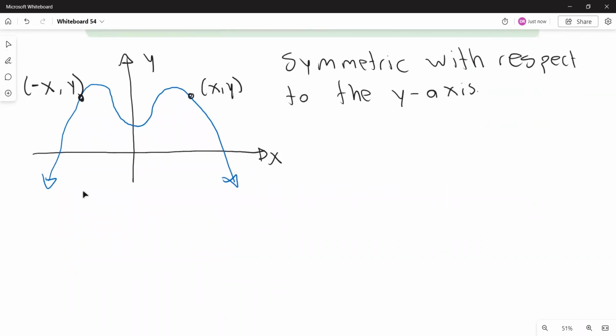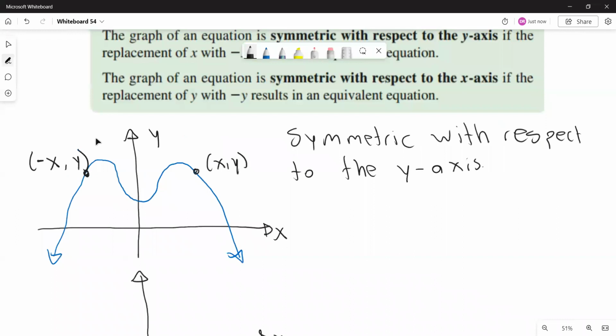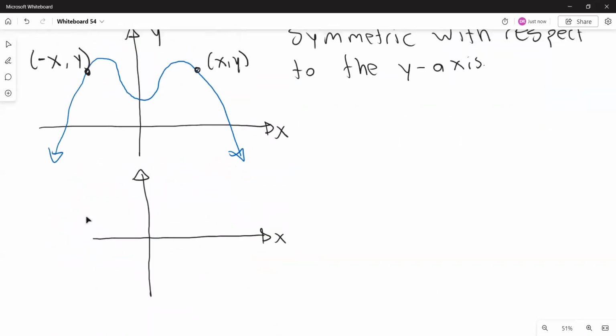And on the other hand, a graph is going to be symmetric with respect to the x-axis. So I'm going to read this text again. The graph of an equation is symmetric with respect to the x-axis if the replacement of y with -y results in an equivalent equation. Okay, so let's say that this is the graph of an equation.